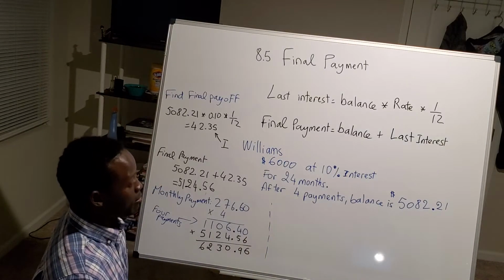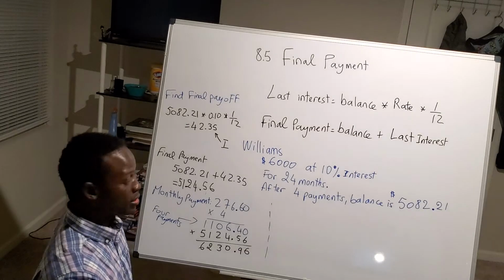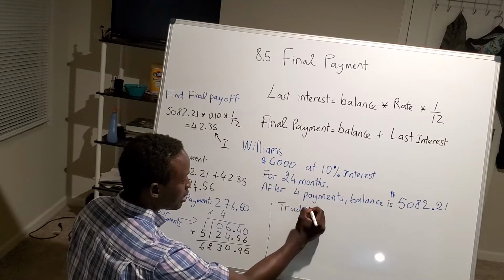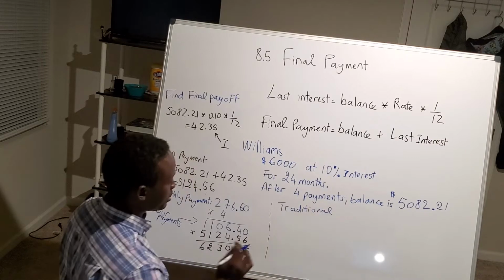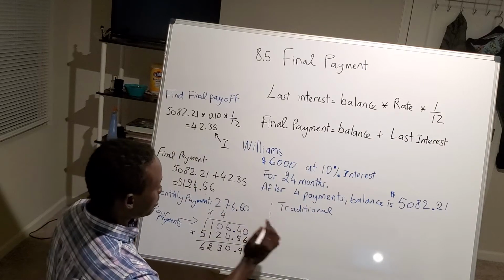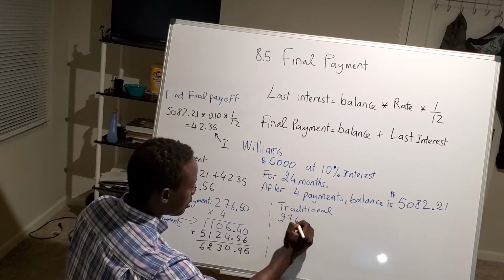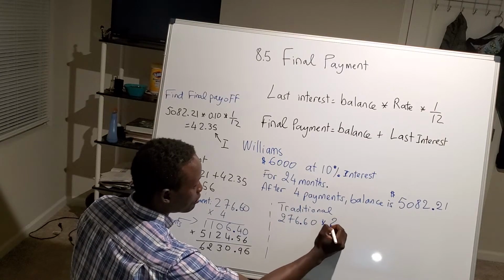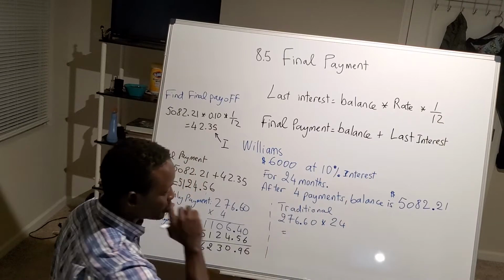Now, if I want to know how much I would pay without any payoff, I call this traditional. We did this in class. Traditional means you're just paying it off. So my monthly payment is 276.60 times 24.